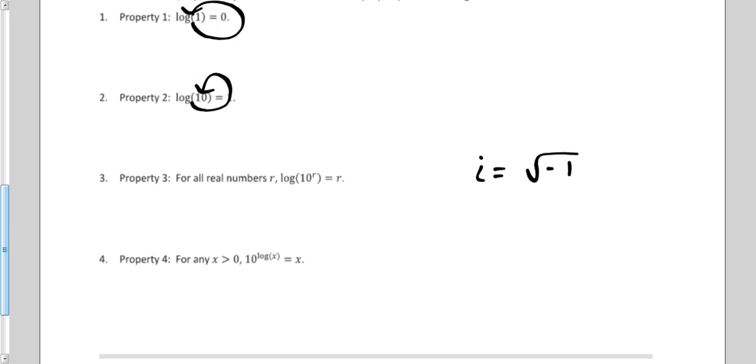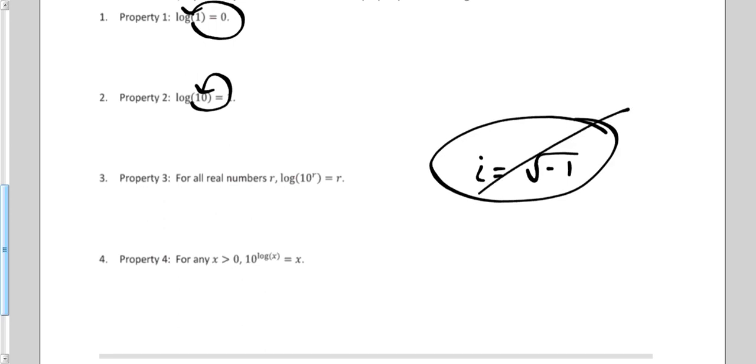So all real numbers means anything except for numbers with that in it. Now justify log base 10 of 10 to the r equals r.